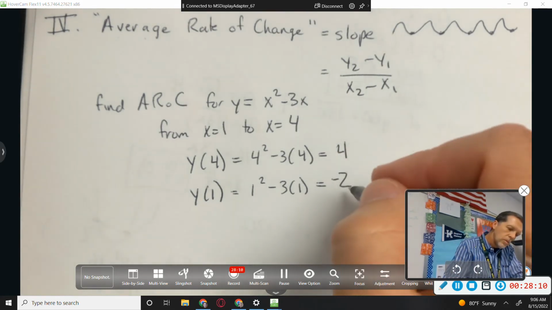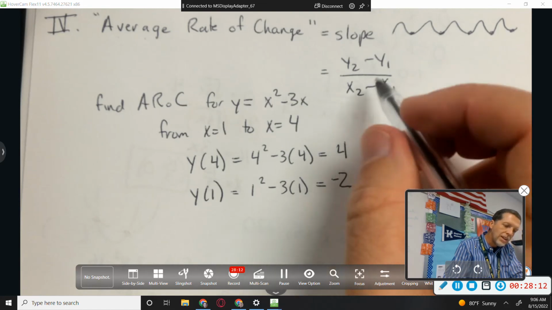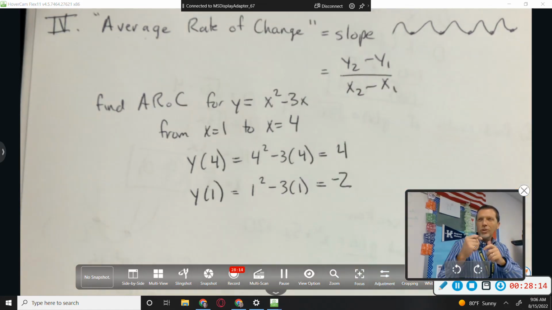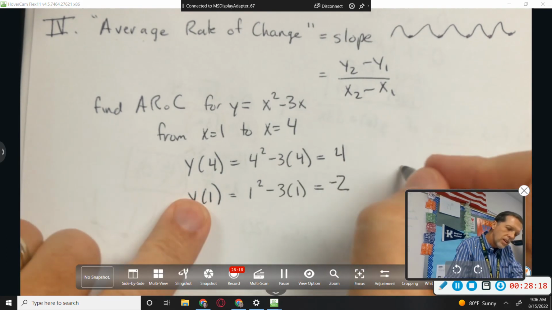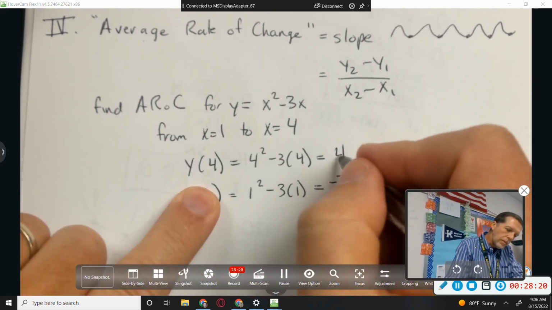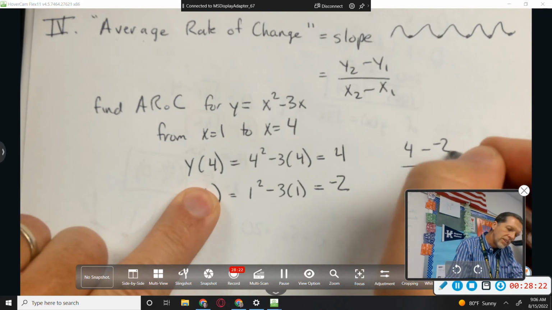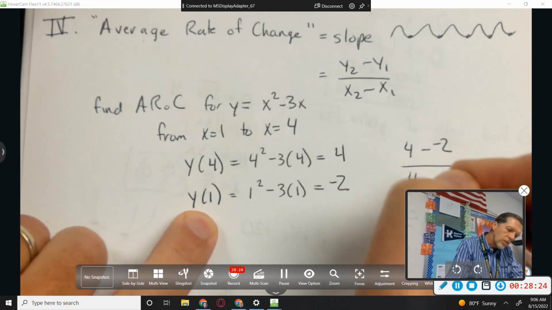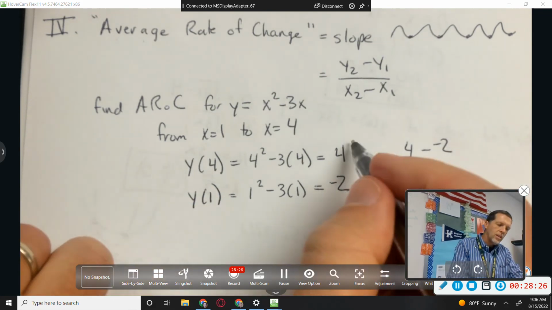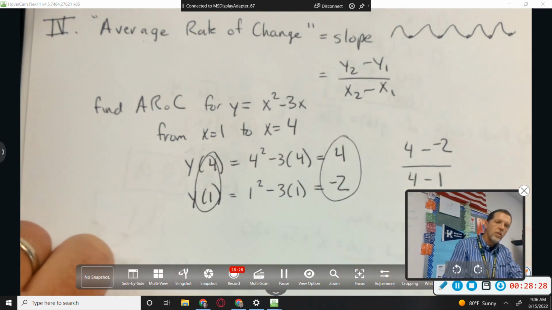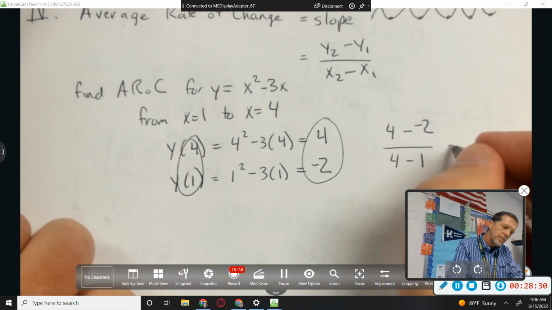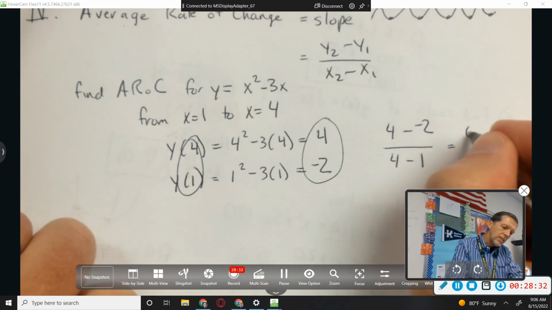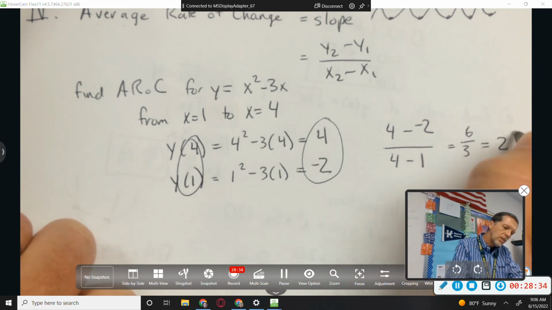So y2 minus y1, and you might also remember it doesn't matter what order you go in as long as you keep the same order, as long as you don't mix it up. So I'm going to do 4 minus negative 2 over 4 minus 1. The y values over the x values. So that would be 6 over 3 equals 2.